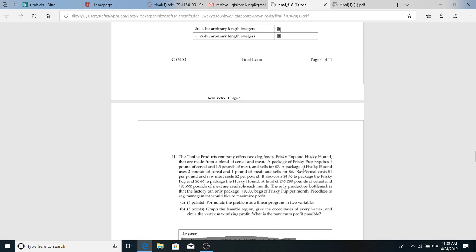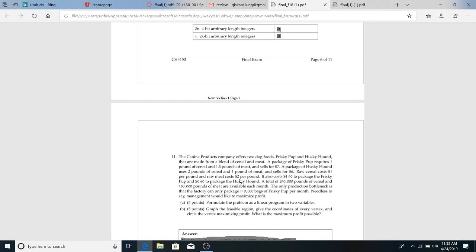So that's minus 2 times 1, and then the meat cost was 2 as well. Okay, that works out really nicely. And then you're also going to subtract $1.40 for packaging, I believe, or 0.6 for packaging. So this should be your optimization statement on top.